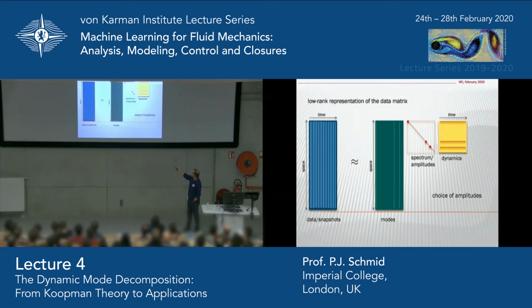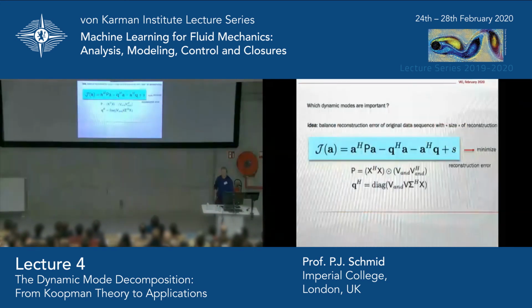The last thing we need to figure out is, what about the amplitudes? It's not trivial. And the reason it's not trivial is if you have bad data here, especially with outliers, then the amplitudes are doing some crazy stuff if you're not careful. The way we get the amplitudes is by formulating an optimization problem.